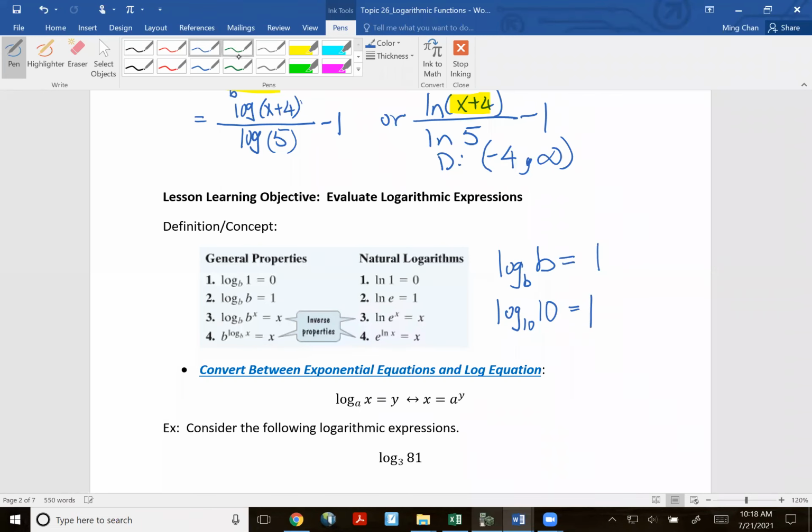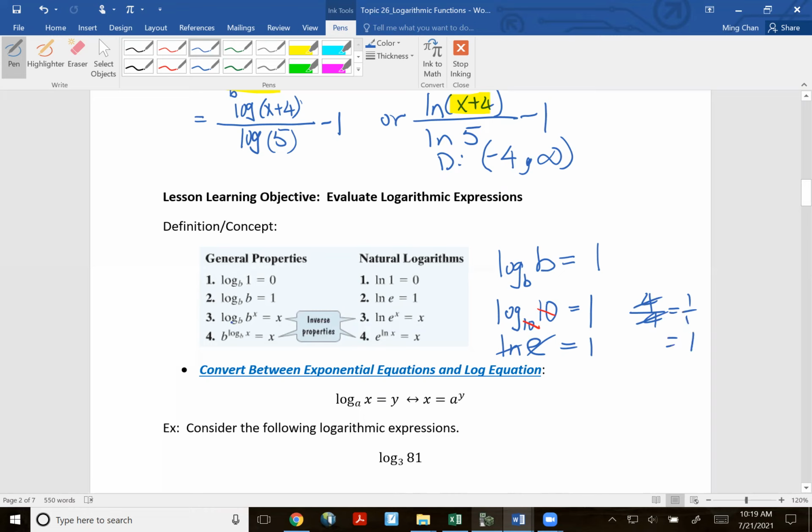In a way, it's almost like saying these two cancel each other out, so you become 1. Same thing with natural log and e. Natural log and e are inverse to each other, so they cancel each other out and you end up with 1. You don't end up with 0, you end up with 1 when you cancel things out, just like fractions. When everything cancels out in a fraction, it becomes 1 over 1, which is 1.